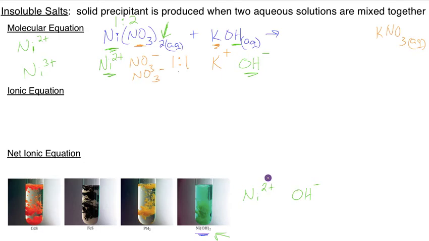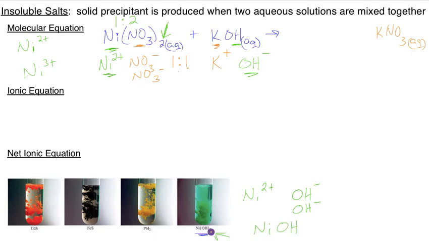The numerical value on the cation tells me how many of the hydroxides I need, and the numerical value on the hydroxide, 1, tells me how many of the nickel I need. And then the formula would look something like this.